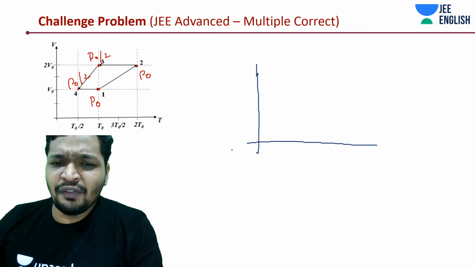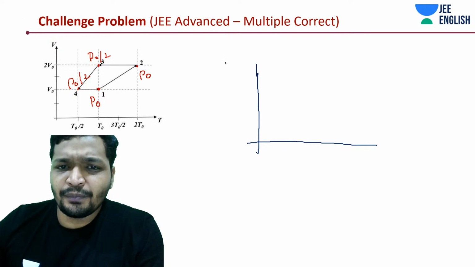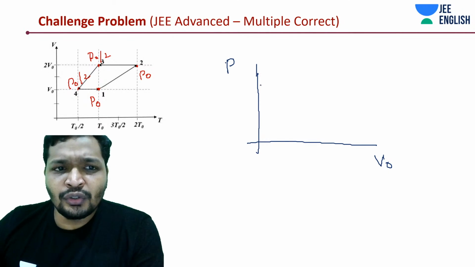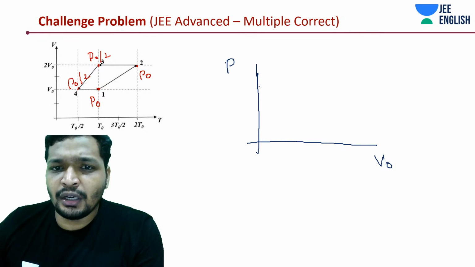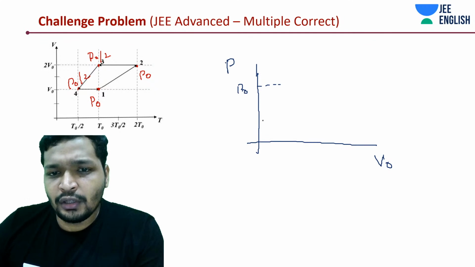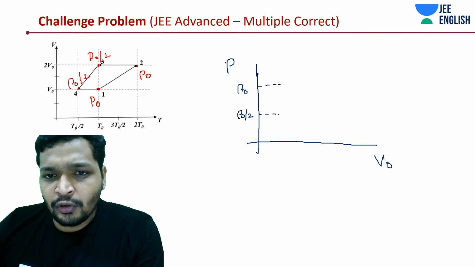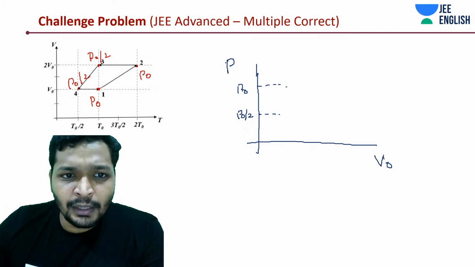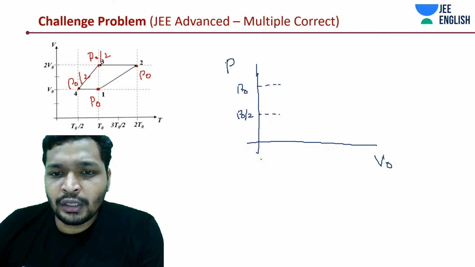Now we'll have PV graph. Okay. So two coordinates we need. One is P naught by 2 and P naught. This is P naught, if I call this as P naught by 2. And we need two coordinates also for these isobaric processes, that is going to be V naught and 2 V naught.